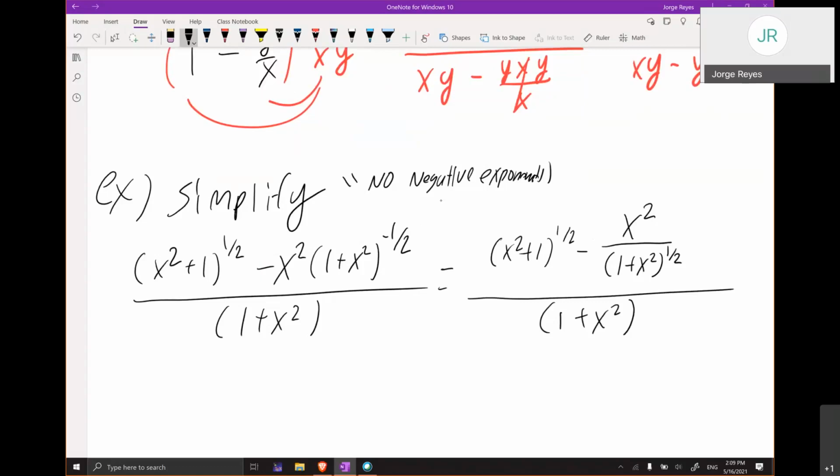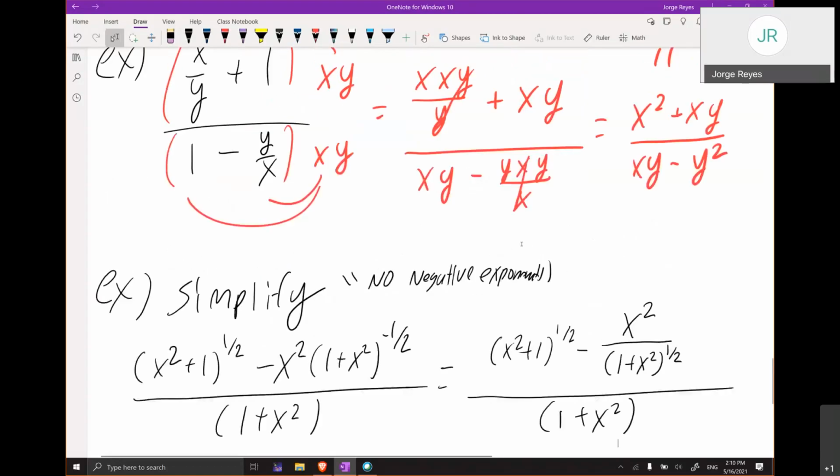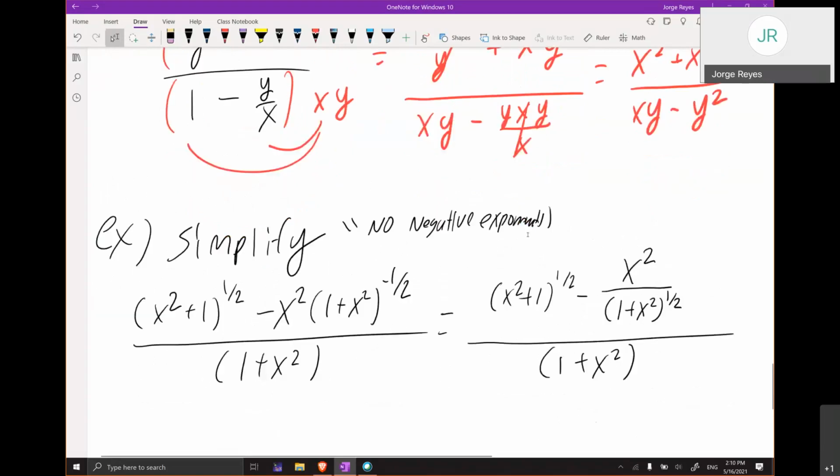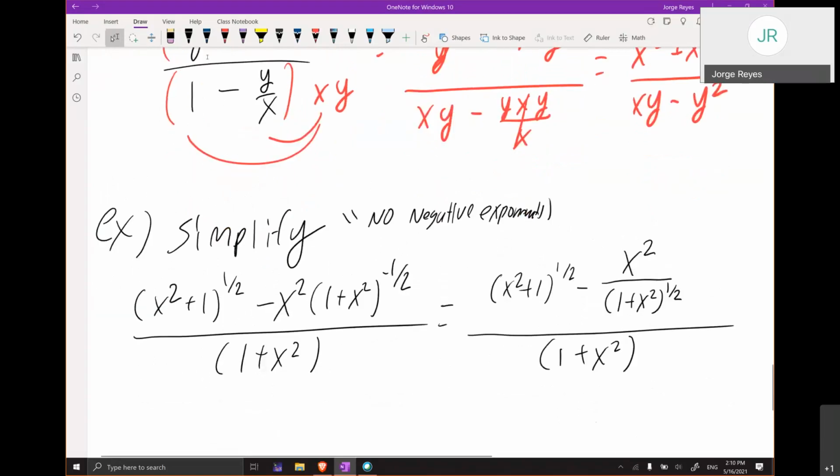Now, this isn't as bad as the previous example, because here we had 2 fractions. Here it's just this thing. So what you could do, and it's probably what I would do, is multiply by the denominator. So I'm going to multiply the top and the bottom by this thing. So you have to distribute.